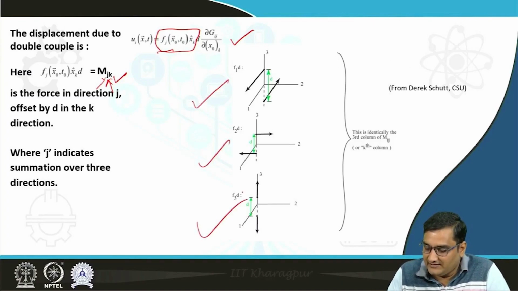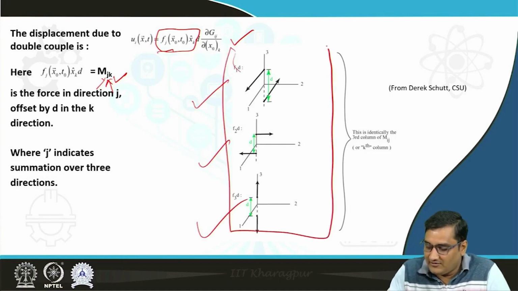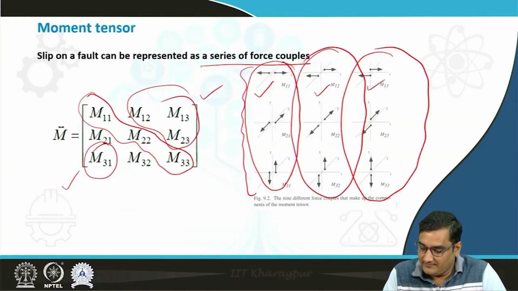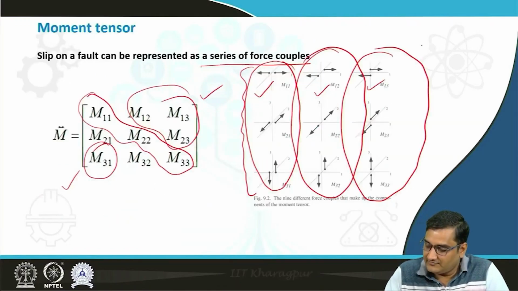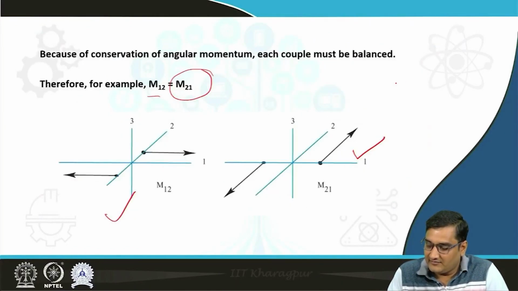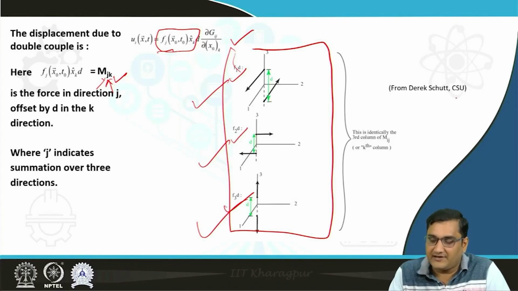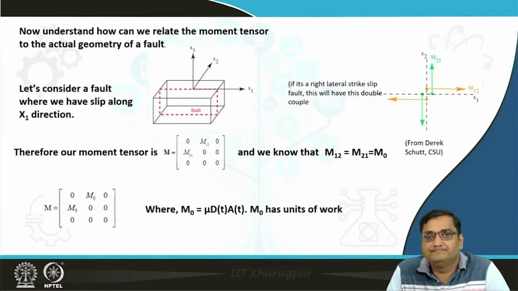You can see that this is the third column of the moment matrix, this one. These are the directions in x3, and this is your F1d, this is your F2d, and this is your F3d. This picture is taken from Professor Dirk Schutt at Colorado State University.